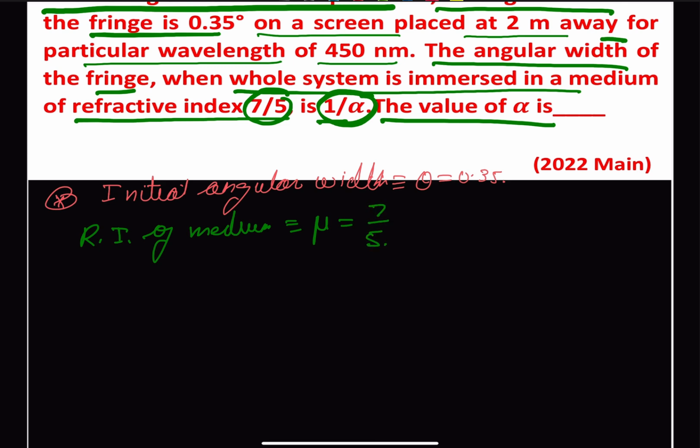We are also given the final angular width, let us suppose that is theta prime, which is equal to 1 upon alpha. And we know that the angular width is inversely proportional to the refractive index.